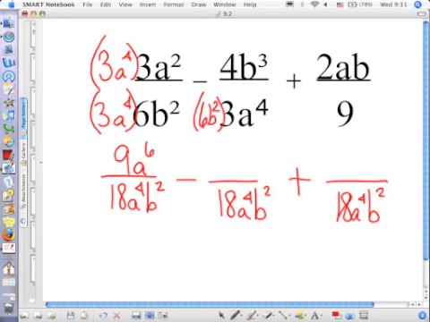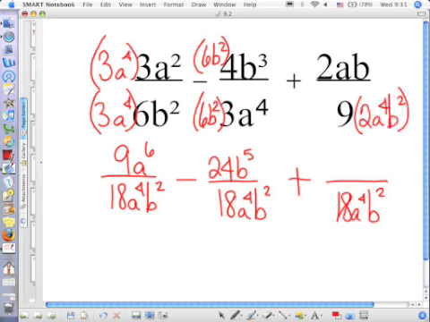So I've got to multiply here by 6b squared. Here I'm going to multiply by 2a4b squared to give me 18a4b squared. So I've got 4a to the 5th b cubed.